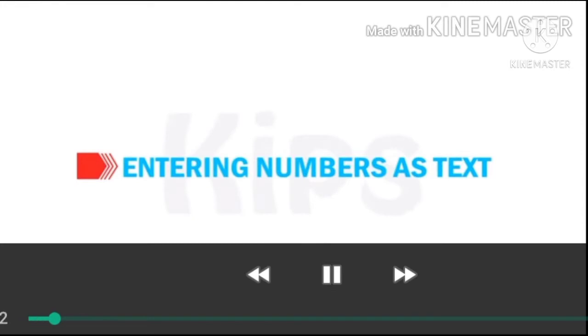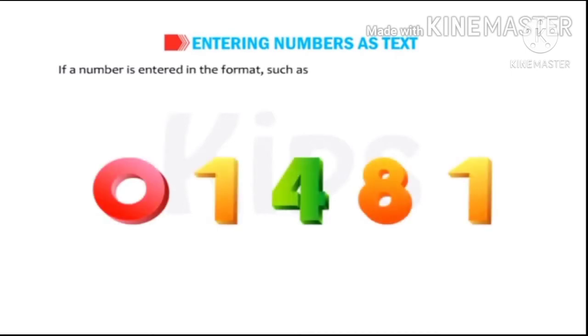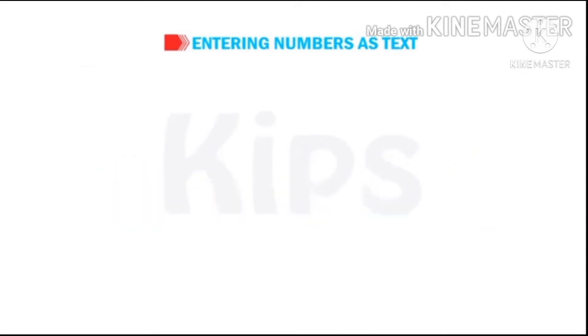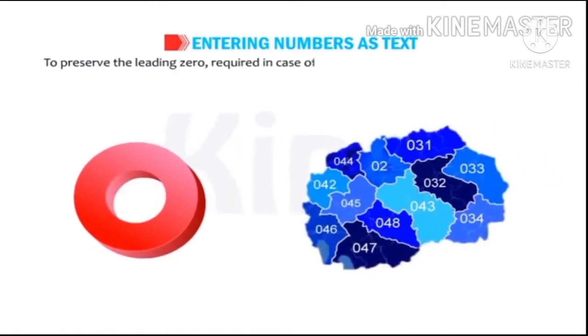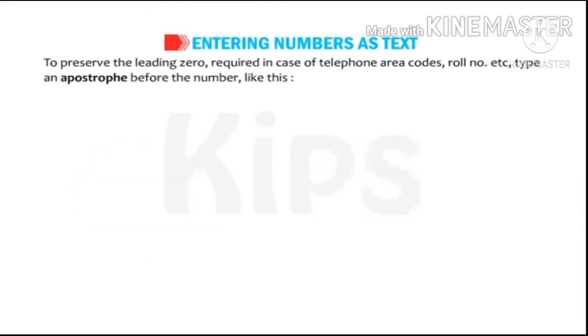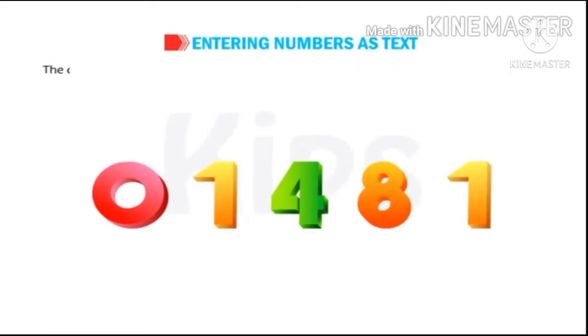Let's know how to enter numbers as text. If a number is entered in a format such as 01481, Excel will drop the leading 0. To preserve the leading 0, required in the case of telephone area codes, roll numbers, etc., type an apostrophe before the number, like this: '01481.